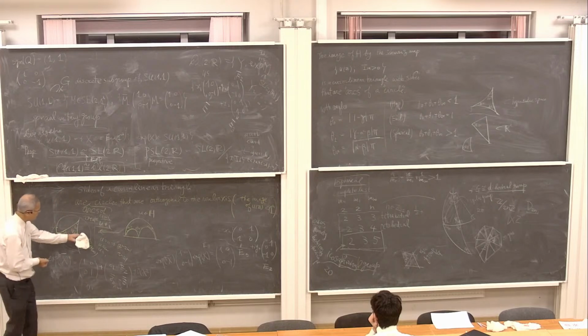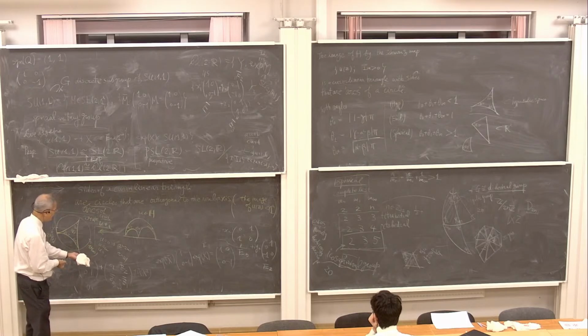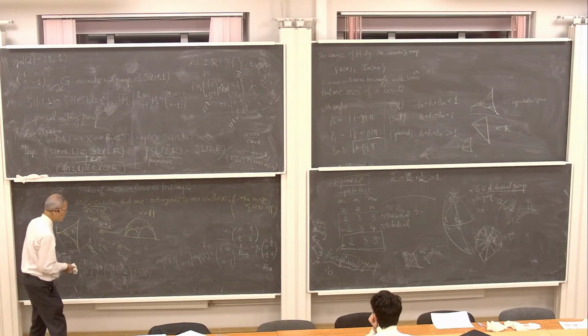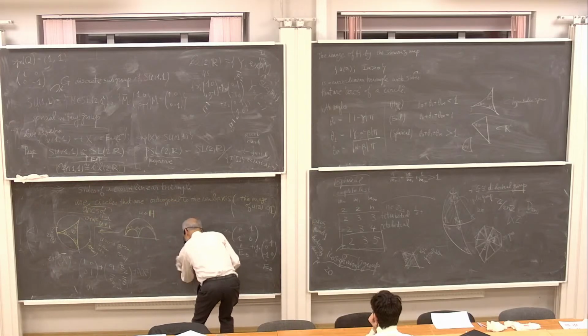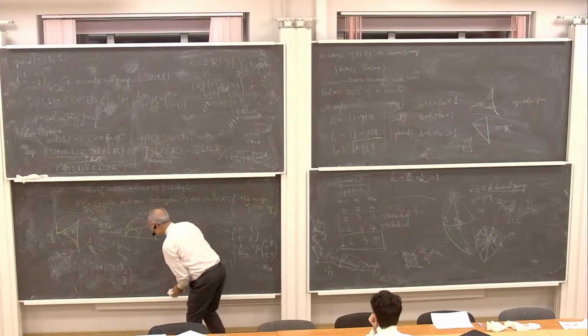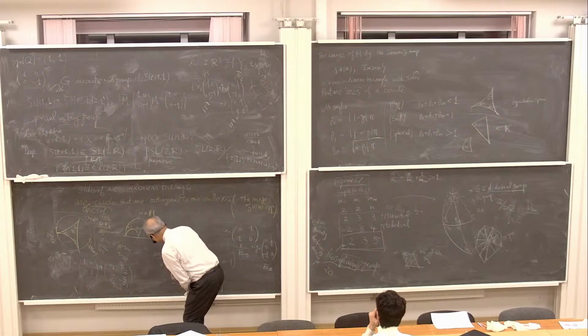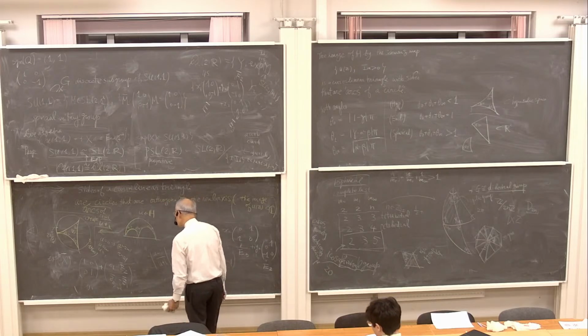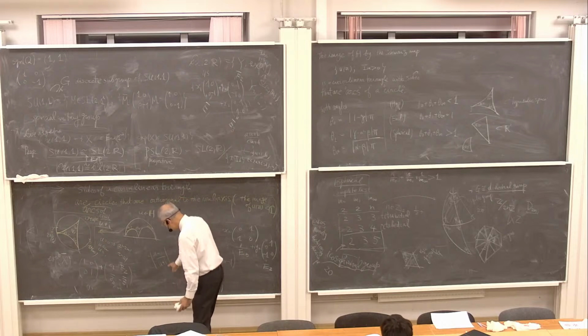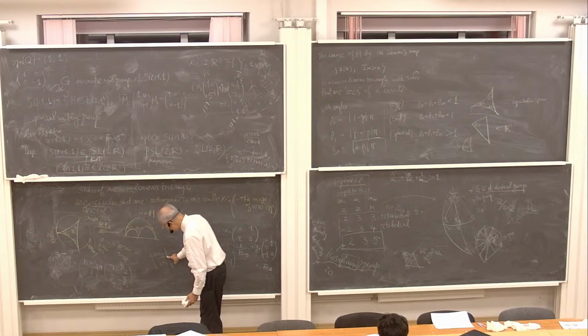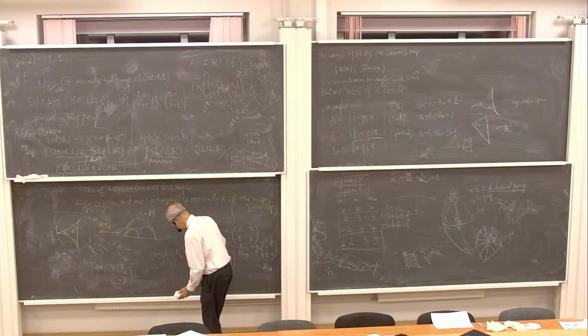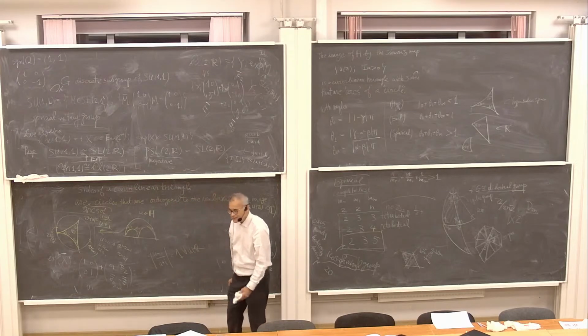And you see immediately why it is. So let me check it. u minus I and u plus I, the ratio has absolute value 1 for all real u, isn't it?